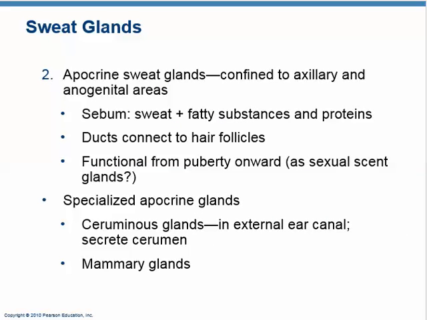These are found in your armpits and in your crotch area, and they are connected to the hair follicles, and there are various proteins and fats dissolved in the sweat. This is where scent comes from. This is where BO comes from.